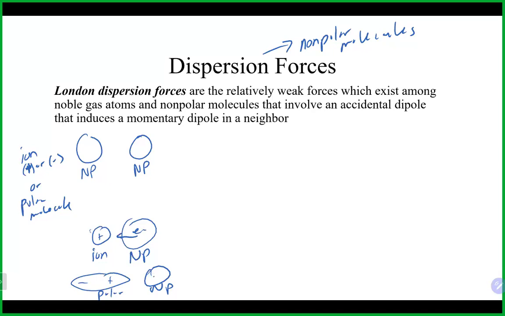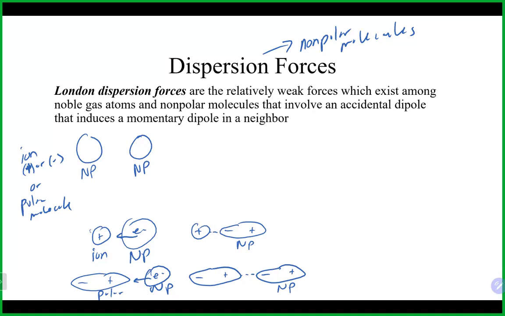And same thing here, electrons would be attracted towards the positive side. And temporarily, what that will do is create a separation of charge in our nonpolar molecule in each of these cases. And now they have a way to interact with each other.